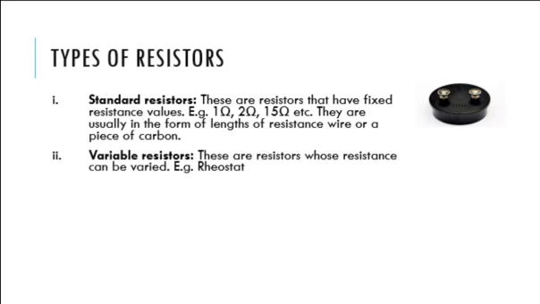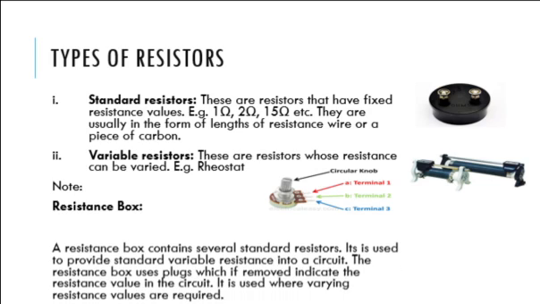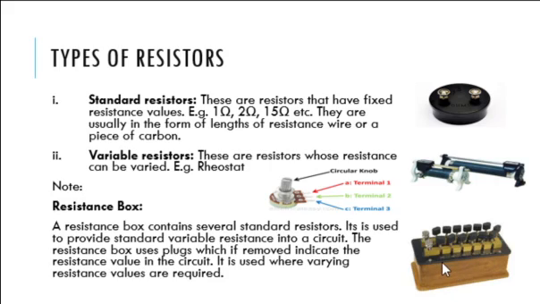We equally have variable resistors. This is a resistor whose resistance can be changed, whose resistance can be varied in circuits. We have rheostats, and we have different pictures of rheostats here. This is another variable resistor. Now the prominent one that is mostly used in WAEC and NECO physics practicals is the resistance box. We have a picture of the resistance box here. This box has several standard resistors.